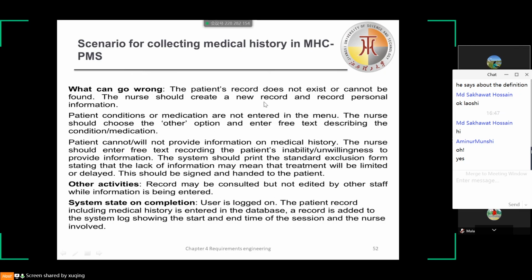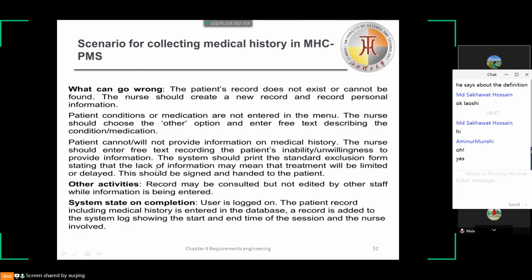The nurse should create a new record and record personal information. You see here is what can go wrong in this situation and how we handle the problem. The second situation is also in this principle. Patient conditions or medication are not entered in the menu, so the nurse should choose the other option and enter free text describing the condition or medication.